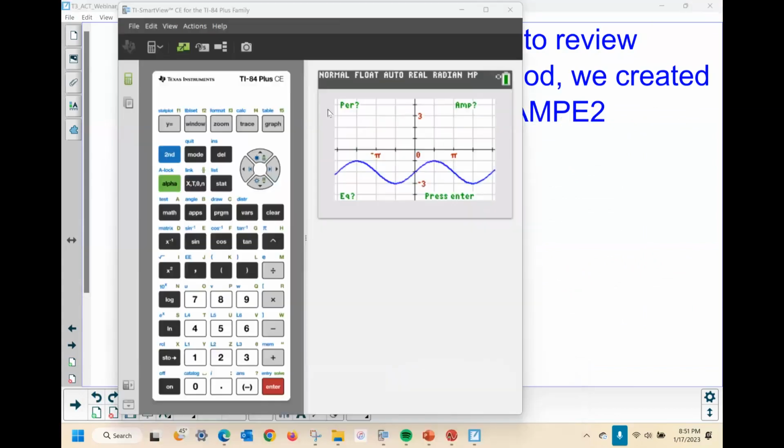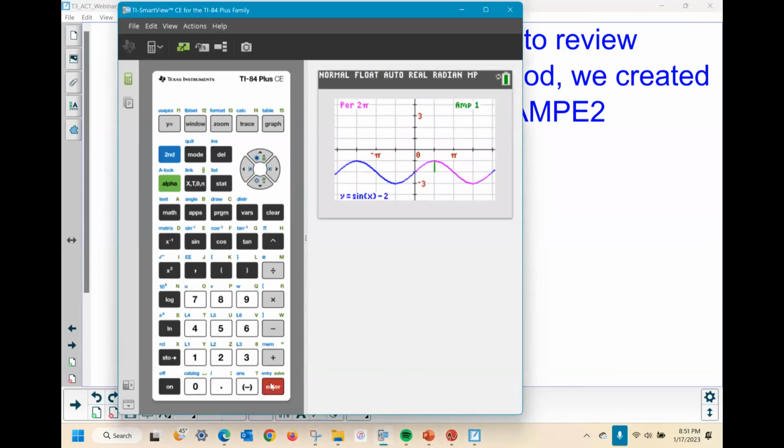And then once they've thought about it, they press enter, and then it gives the answer. And so notice what I'm trying to do with the period. I trace it out in pink so that the students could see it. And the amplitude, I tried to show that it is half of from the max to the min. And so that is 1 unit. And this is the equation. This is the sine of x minus 2. So in blue is the equation, pink is the period, green is the amplitude.